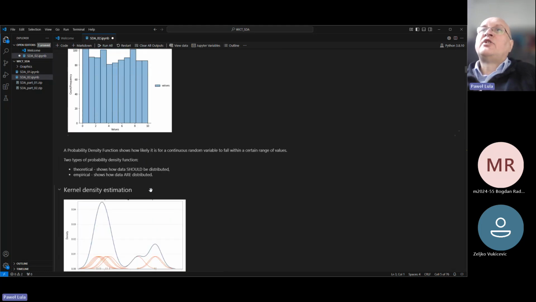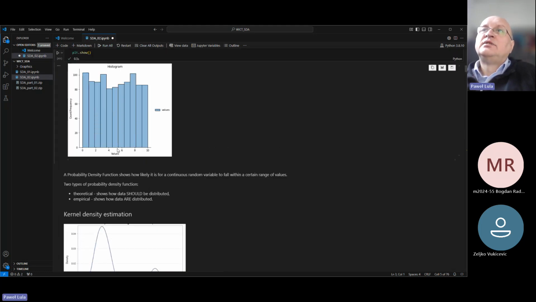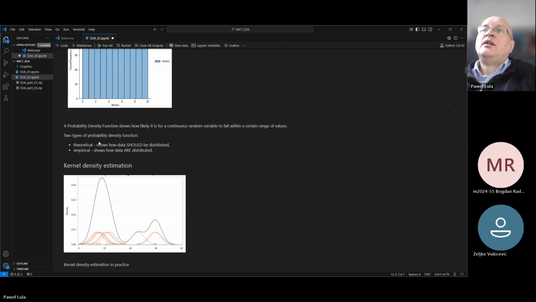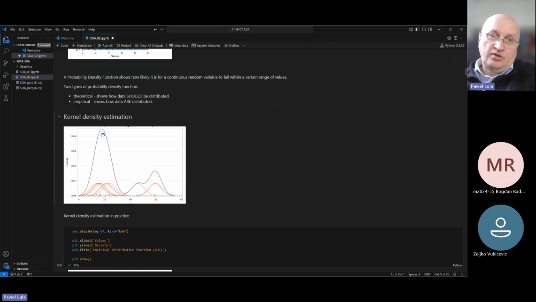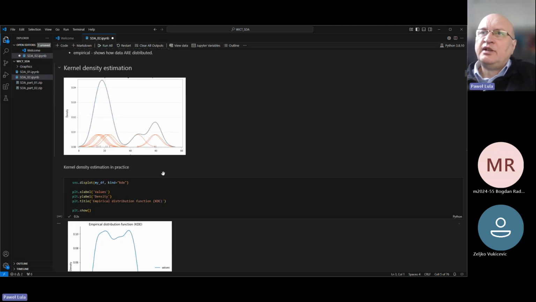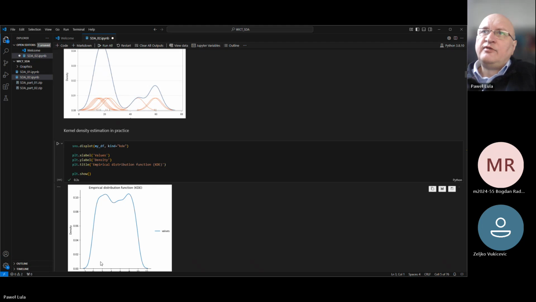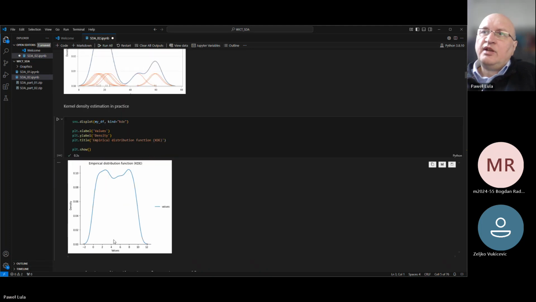And for our data, which were generated at the beginning of our meeting today, we can build this empirical distribution in this way. So it is an empirical distribution for this data.